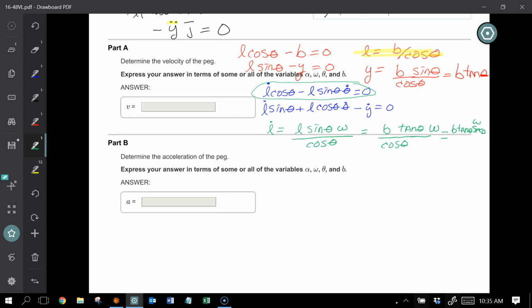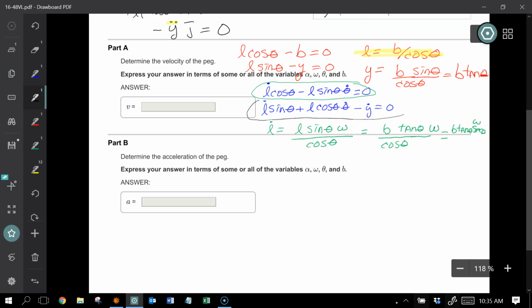And then solve the bottom blue equation for y dot.